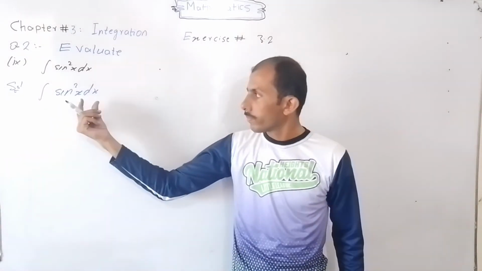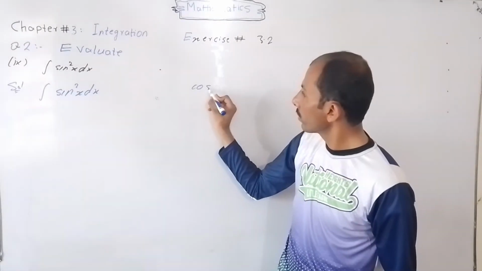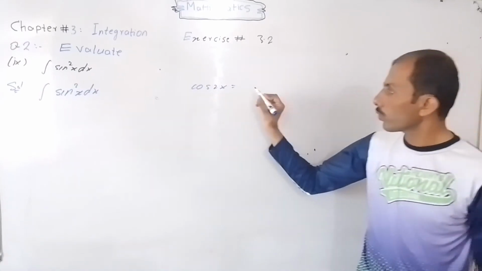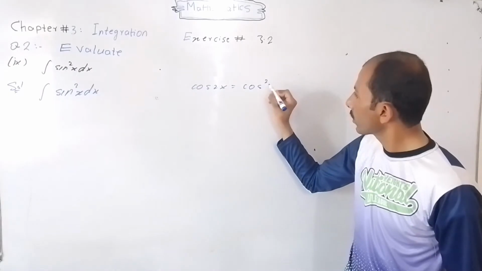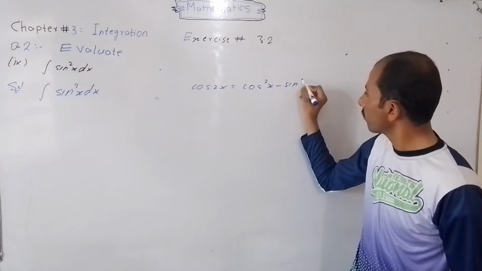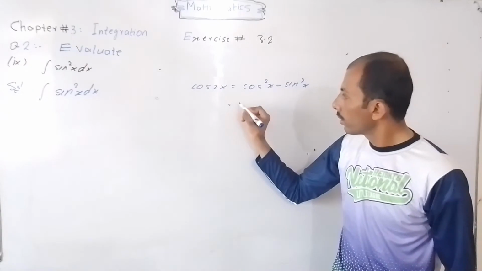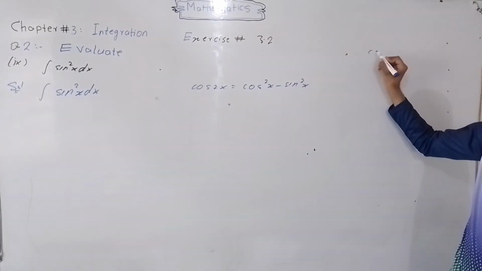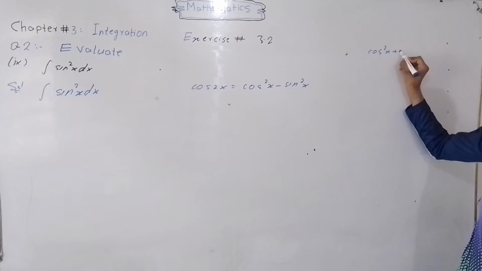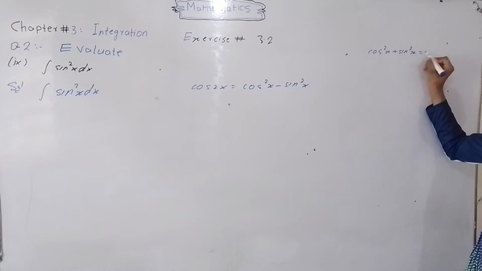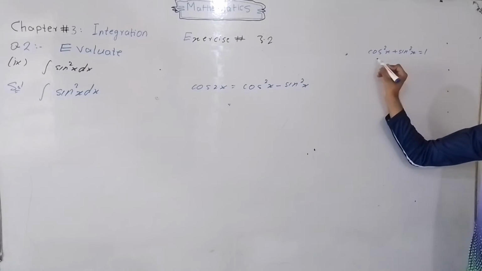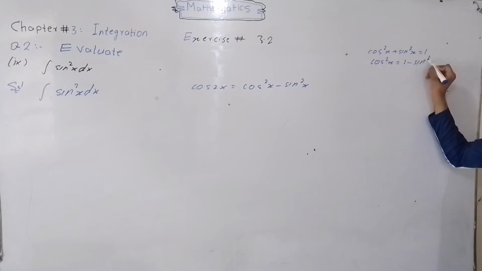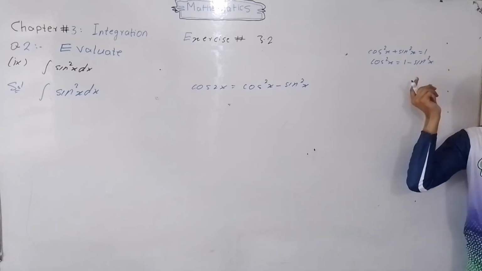Dear students, cos 2x, we know that cos 2x is equal to cos square x minus sine square x. We also know that cos square x plus sine square x is equal to 1. So cos square x is equal to 1 minus sine square x can also be written in this form.